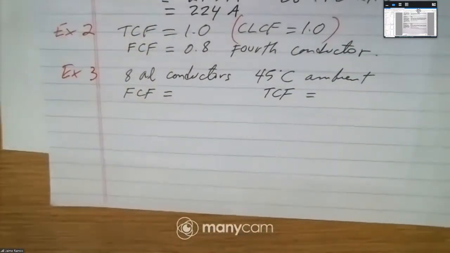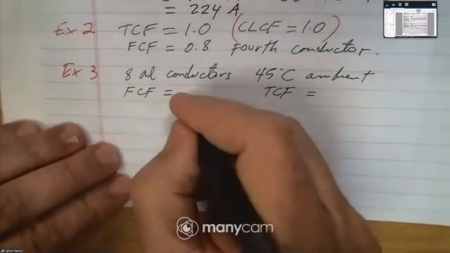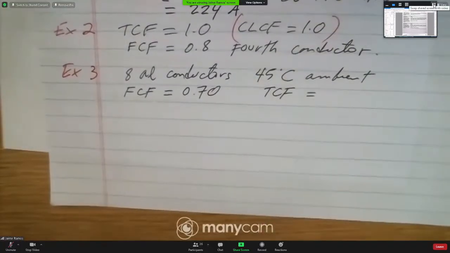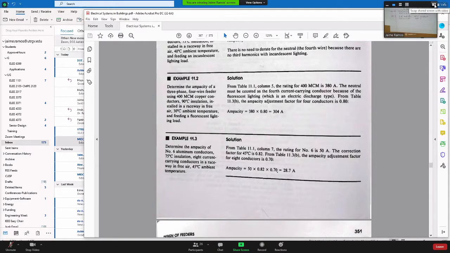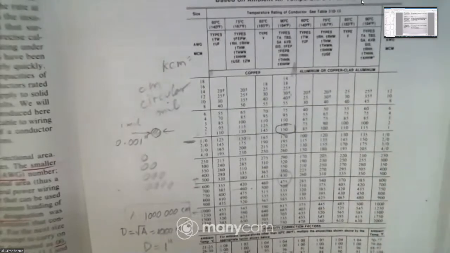So for field, if you look at the table, it is 70%. And for the temperature correction factor for aluminum, and this is 75 centigrade, so now we need to look at aluminum here. Aluminum here, look.